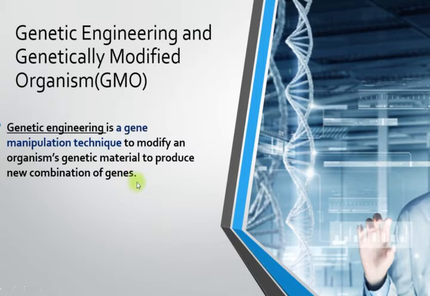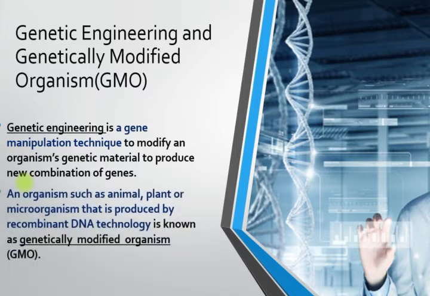Alright, so the keywords for genetic engineering are gene manipulation technique. Teknik yang mengubah suai gene, right? To modify an organism's genetic material to produce new combinations of genes. Okay, that refers to genetic engineering.